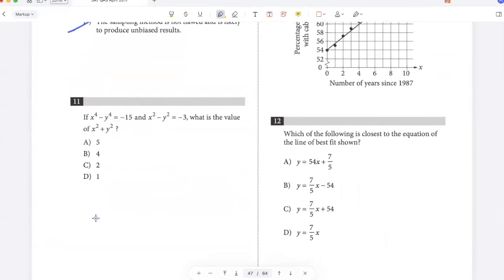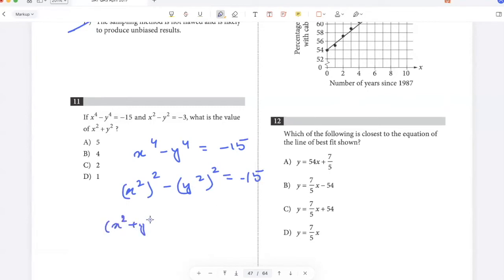Okay, if this and this are true, what is the value of this? So x to the power 4 minus y to the power 4 is negative 15. So this I can write as (x square) whole square minus (y square) whole square is negative 15. And a square minus b square is (a plus b) into (a minus b).